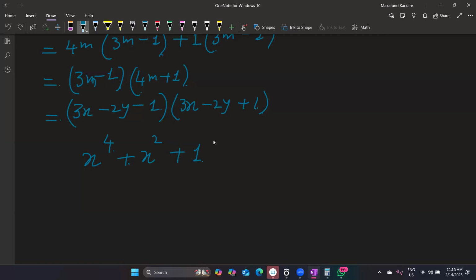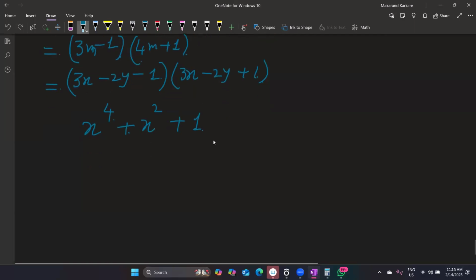We take x square as 2x square minus x square. So that will give us x raised to 4 plus 2x square minus x square plus 1.